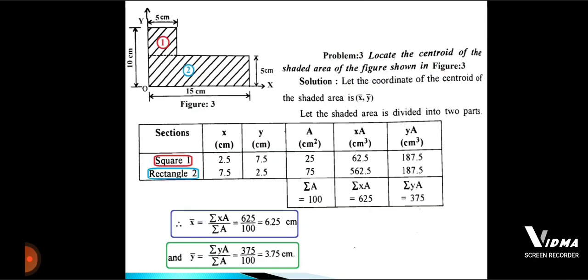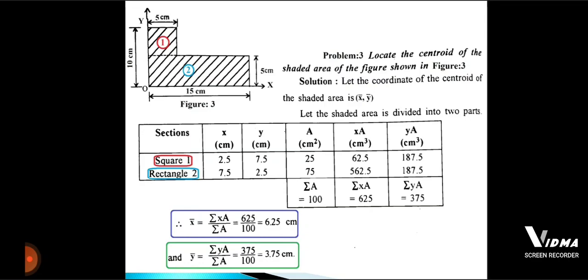Similarly, in the case of rectangle 2, the value of x equals 7.5 and y equals 2.5. These values are from the reference axis y and x, and area equals 75, XA is 562.5, and YA, the moment of area, is 187.5.